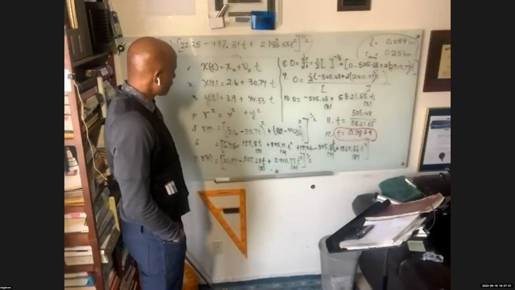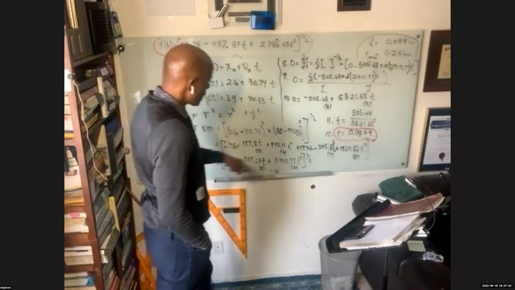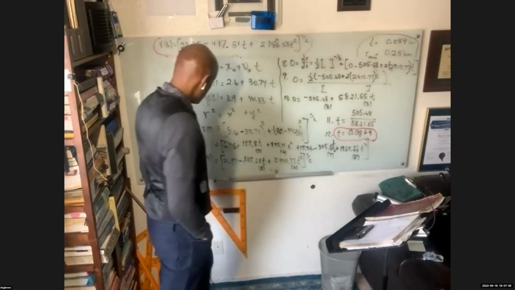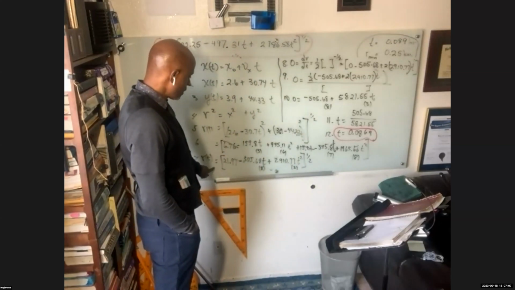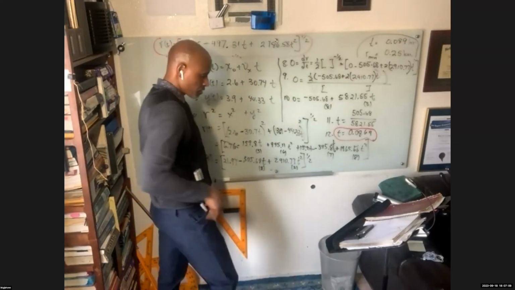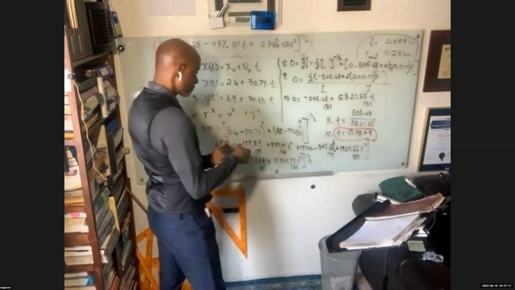So you got that? Okay. So now we take that number and put it back into equation 7, and that'll give us what distance it should be.